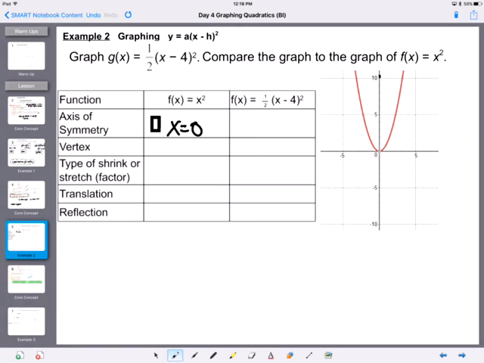So it's the dotted line down the center of our parabola, which is x is equal to 0. Our vertex is at the origin, so we have a vertex at 0, 0. There is no stretch or shrink, there is no translation, and there is no reflection because this is our parent function.